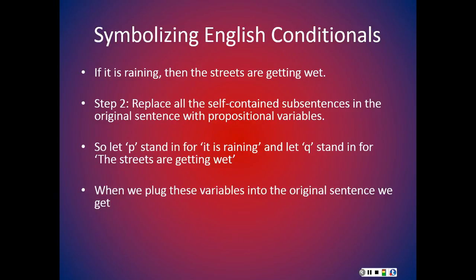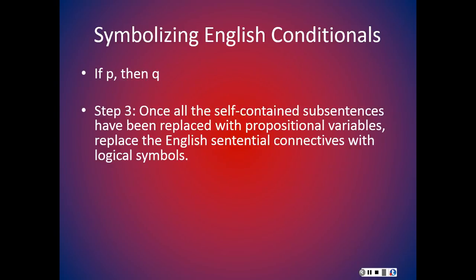When we plug these variables into the original sentence, we get the following: if P, then Q. Now the third step is that once all the self-contained sub-sentences have been replaced with propositional variables, we'll replace the English sentential connectives with logical symbols. So this is an if-then sentential connective, and we've seen that that's symbolized with the arrow. So that gives us the following sentence, P arrow Q.